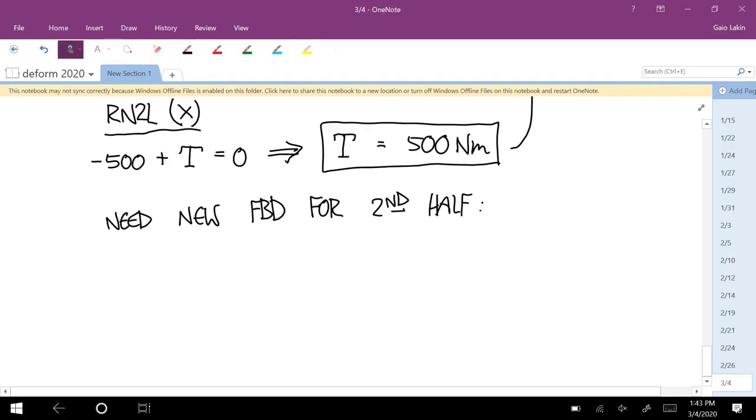Okay, so this time a representative free body diagram has to go past the roller. Okay, we're still skipping some of the beam.